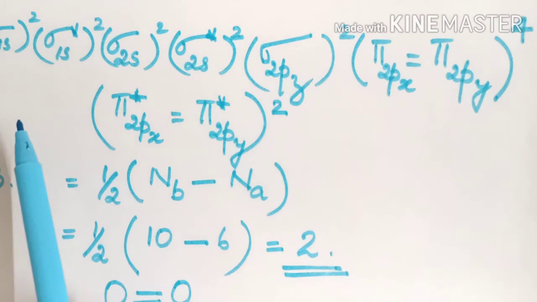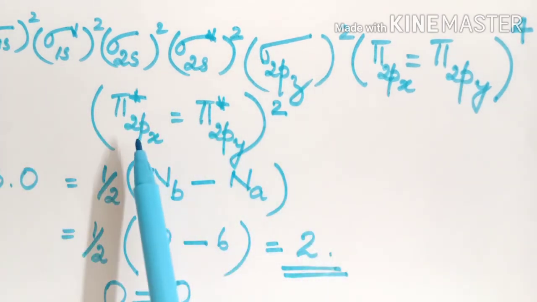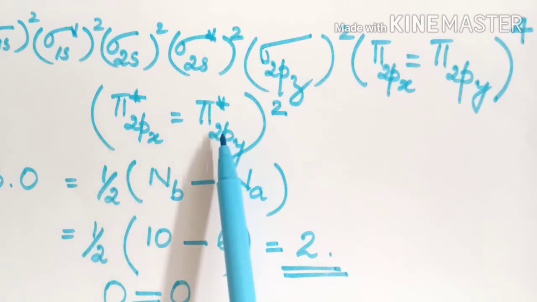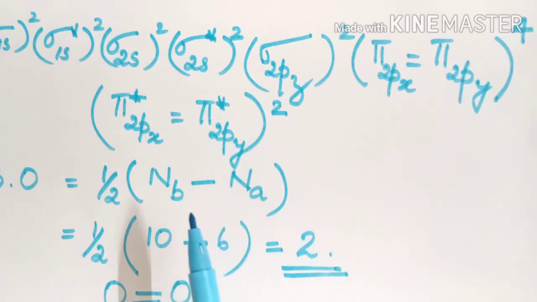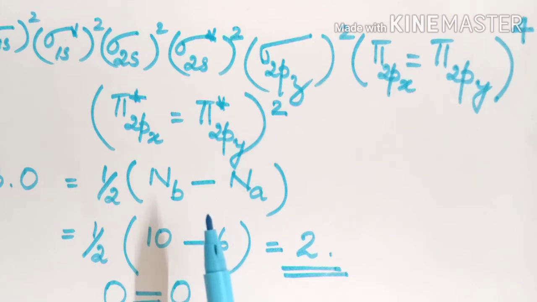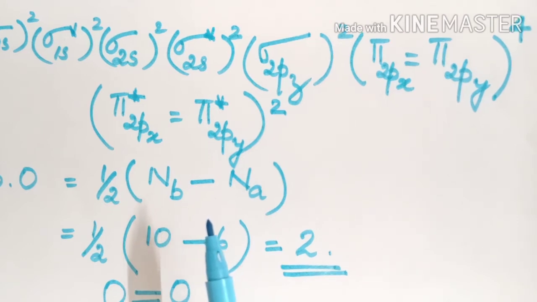On examining the molecular orbital configuration, one is able to understand that there are two unpaired electrons in the antibonding orbital. So if there is a presence of unpaired electrons, such type of molecules will be attracted towards a magnet and it is said to be paramagnetic in nature. So you find that the oxygen molecule is paramagnetic.